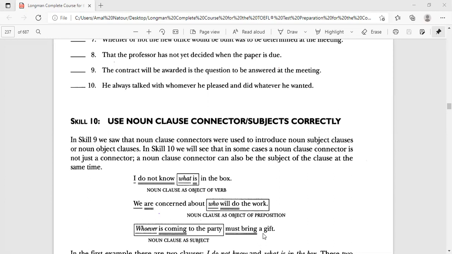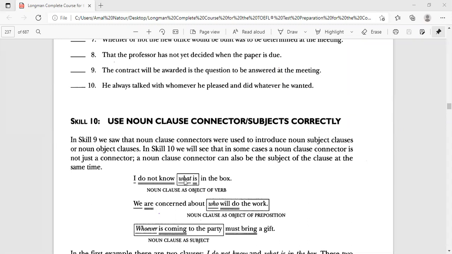تمام. اذا here كمان مره بدي احكيها. In the first example there are two clauses هون. There are two clauses: I do not know and what is in the box. إذا هاي الكلوز الأول هاي الكلوز الثاني. بقول these two clauses are joined by the connector what.